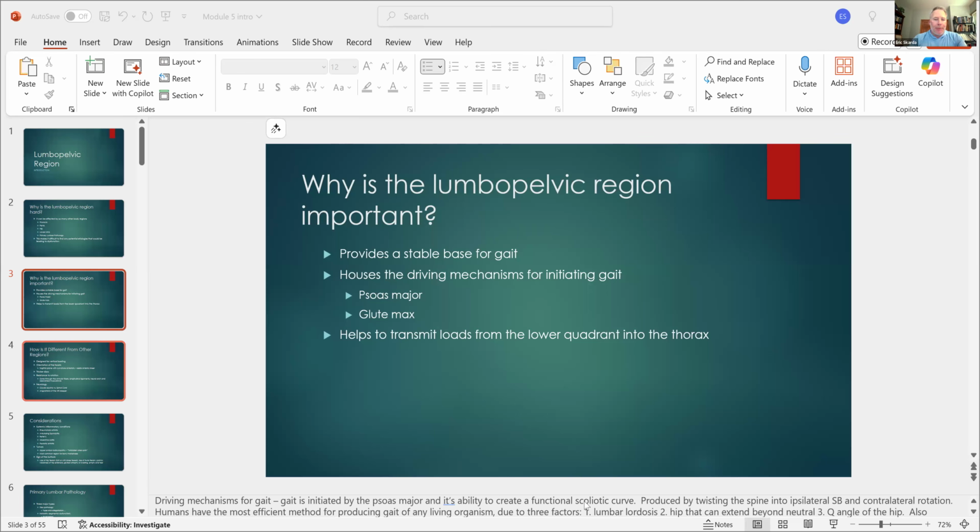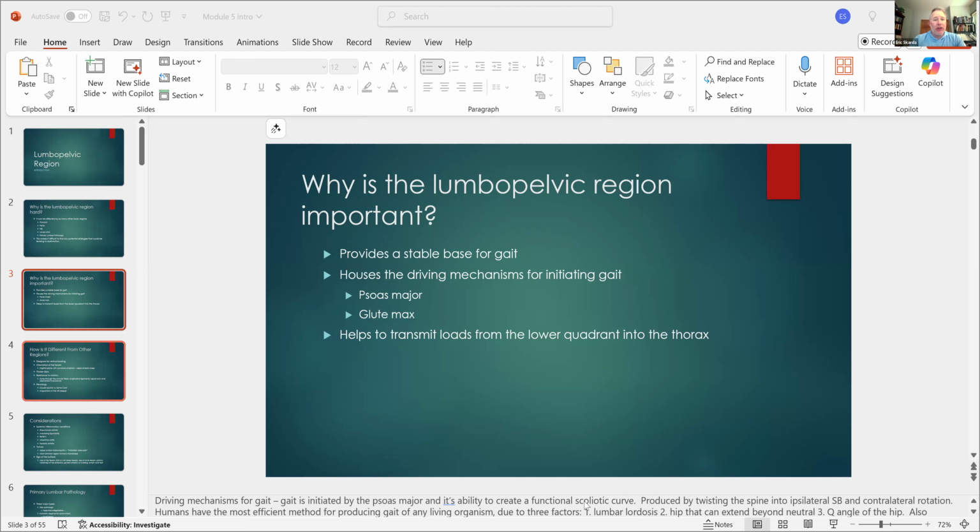So this definitely houses the driving mechanisms for initiating gait, right? This is the idea of overcoming inertia. How do we get ourselves started from a dead stop here? The psoas major, we talked about, God, way back in what was it, module one even? We were talking about Grakovetsky's work and the spinal engine papers that he's written.